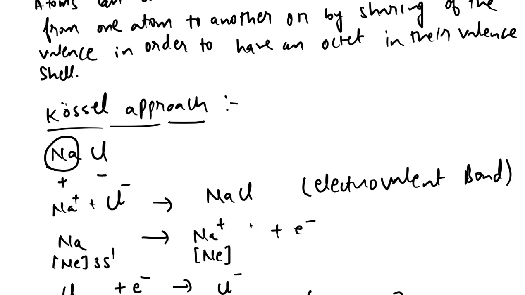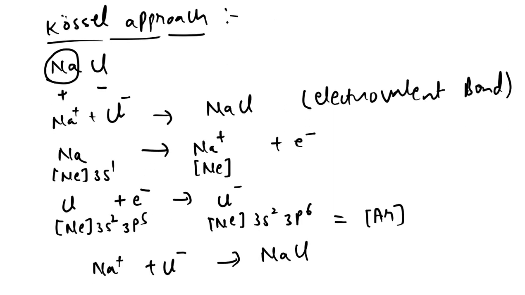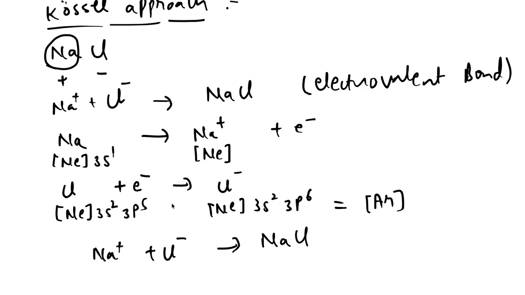And then we talked about Kössel's approach, though you already had the idea, this actually is what happened, but the basic idea was given by Kössel in the same year. All right, so I'm ending this video here, and in the next video I will talk about Langmuir's approach for the covalent bond. Okay, thank you.